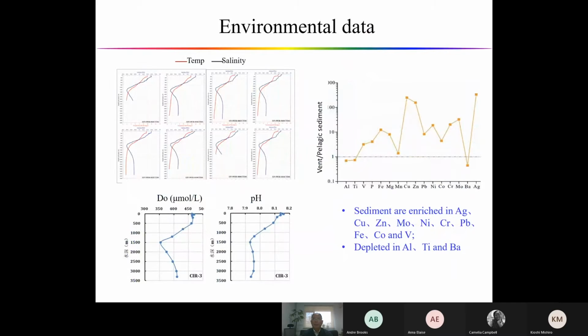We obtained data on temperature, salinity, dissolved oxygen, pH, and how they change with the depth of water. And we found the sediment in the vent field is enriched in many metals, such as copper, zinc, and nickel.